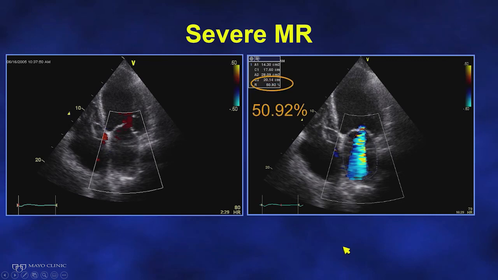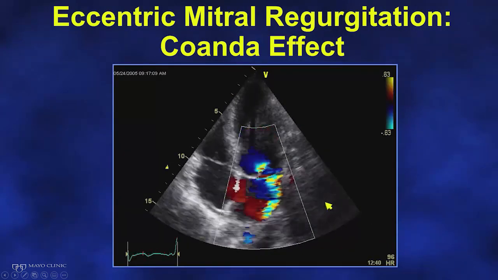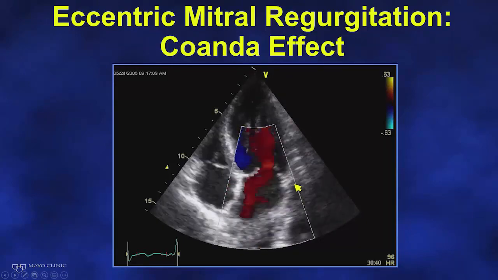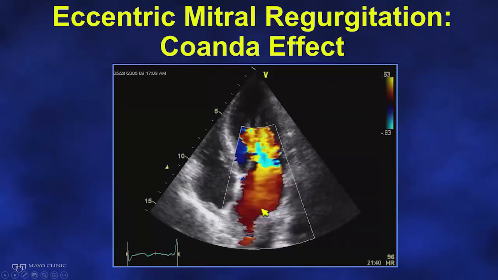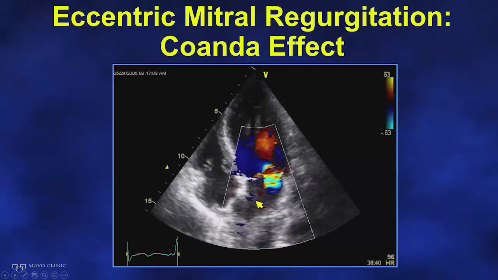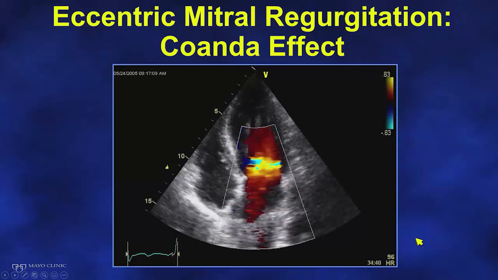But you can understand the limitation of this technique. If you have a very big left atrium, the mitral regurgitation jet may not occupy too much of the area. Furthermore, one of the great limitations of this technique is when you have an eccentric jet, and there's what we call a Coanda effect, where the jet hits the wall and loses energy, and therefore it doesn't occupy as much of the area of the left atrium as it might.